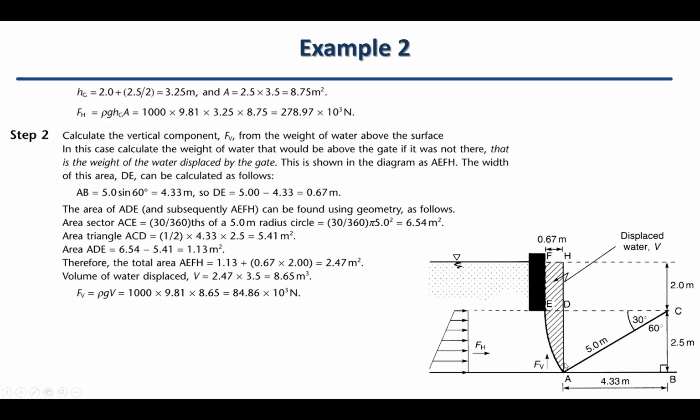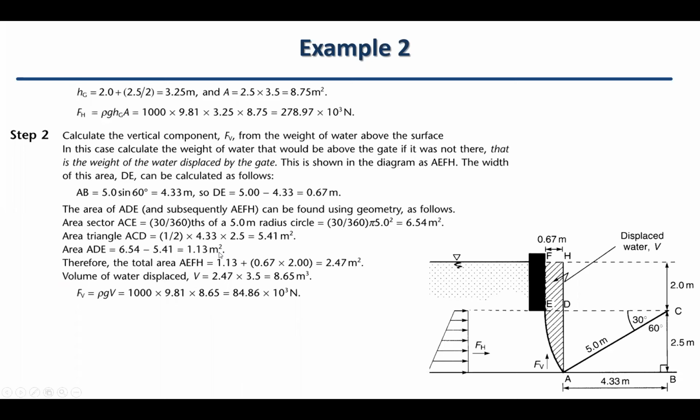The area ADE is then found by taking the ACD area away from the sector area: 6.54 minus 5.41. The area of ADE, the hatched part of the sector, is equal to 1.13 square meters.